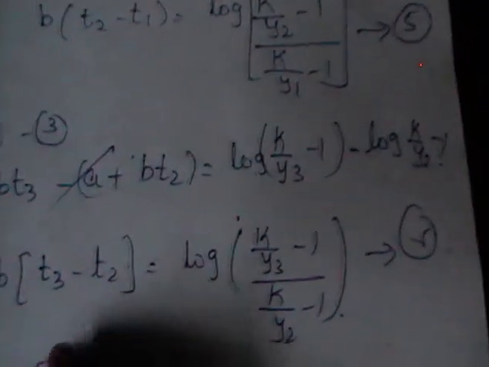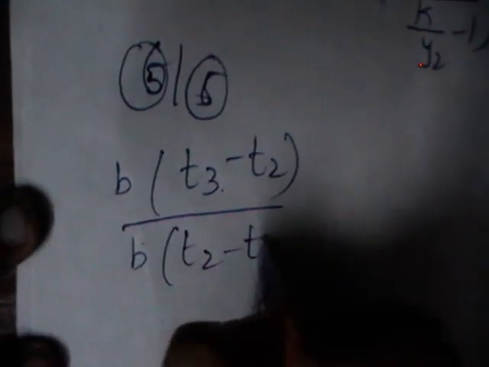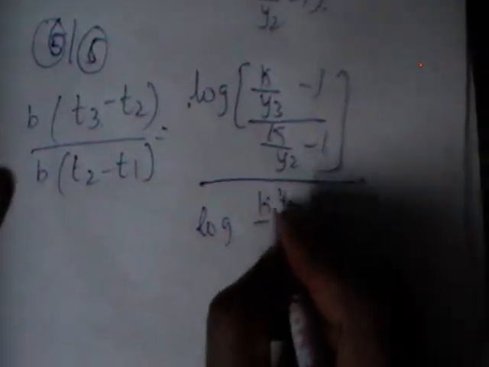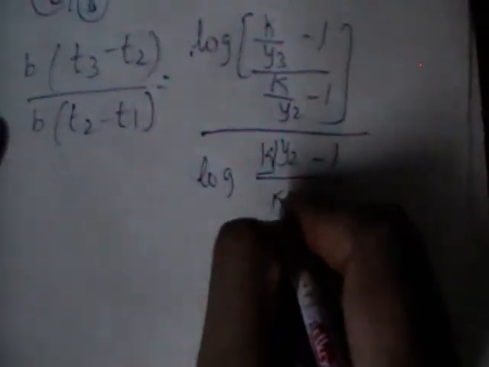So after subtracting, we need to divide. Let us do 6 by 5. t3 minus t2 by b, t2 minus t1 is equal to log of k by y3 minus 1 by... b cancels.